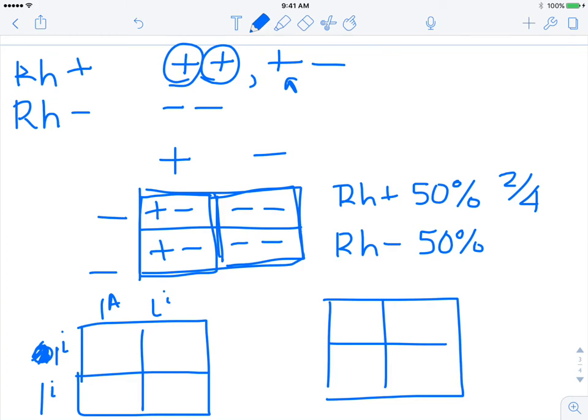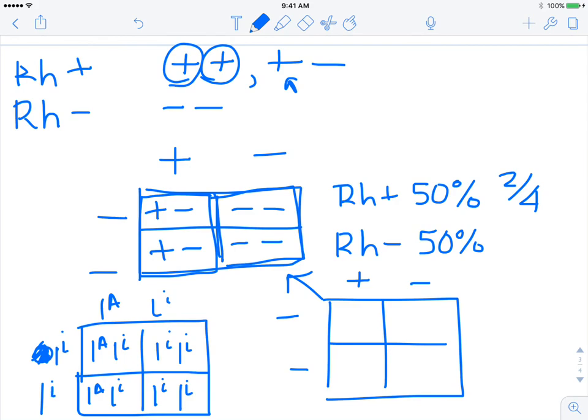So you could set up a dihybrid cross if you want to, but that's a lot of work and these smaller ones are a lot easier. So I would just do that. So we're saying that this person had the positive blood, and we're going to say that they're heterozygous and then homozygous. So it's the same as this Punnett square right there. So our outcomes could be type A blood here and type O blood here.